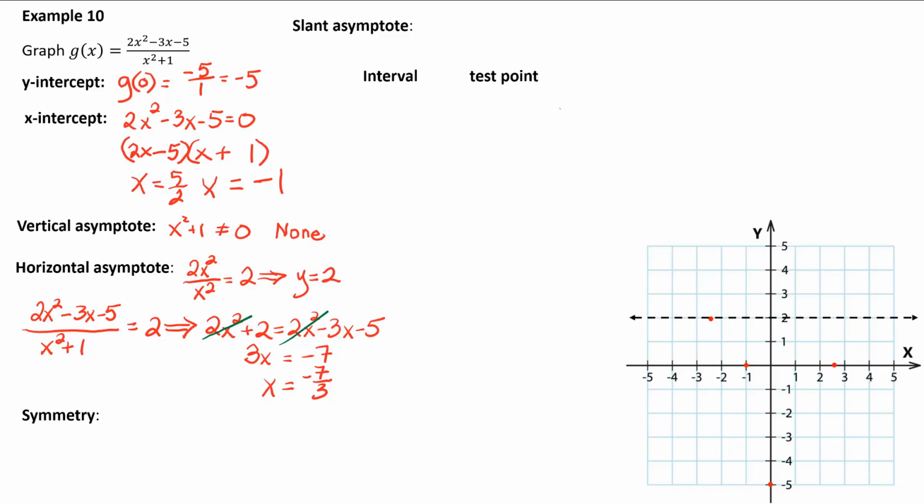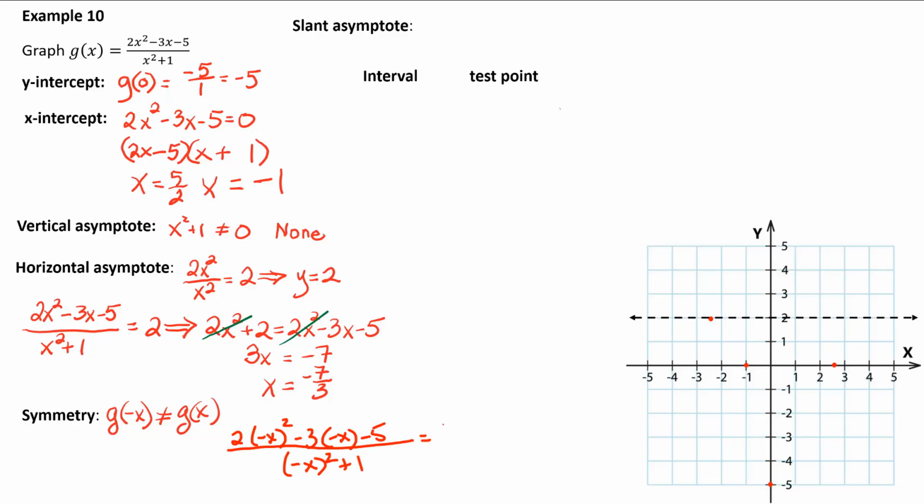All right, now we're going to check for symmetry. If you put negative x into this function, I'm just going to go ahead and do that to make sure we know what's going on here. So if I put in negative x, I'll have 2 times negative x squared minus 3 times negative x minus 5, and in my denominator, I'm going to have negative x squared plus 1.